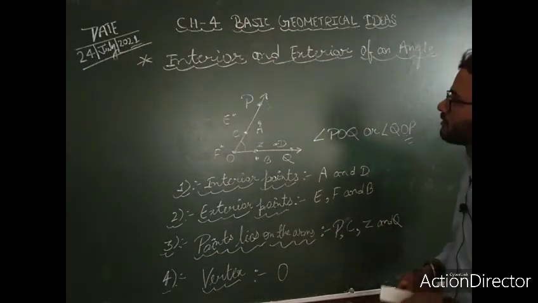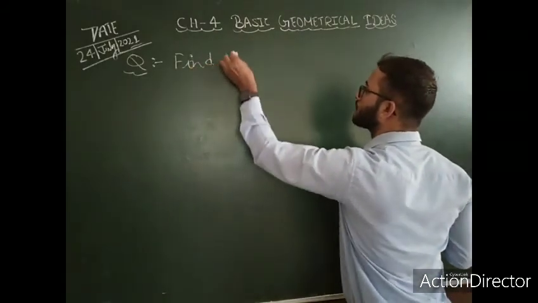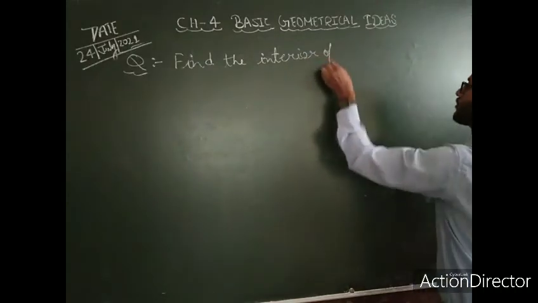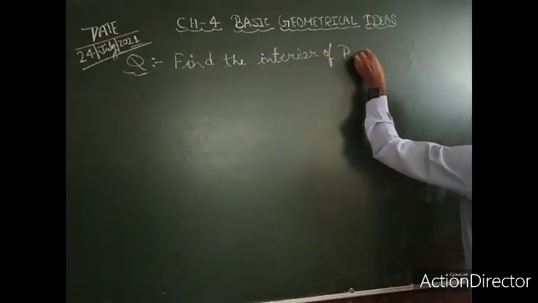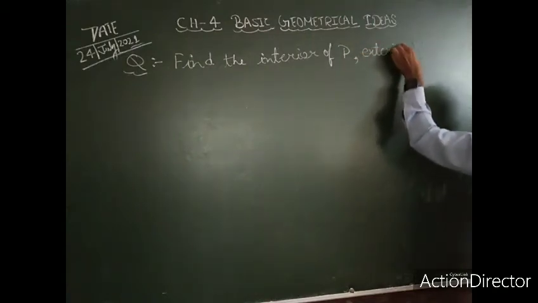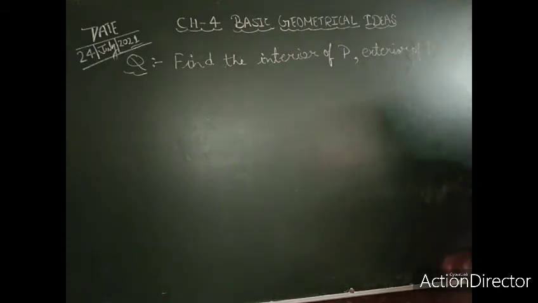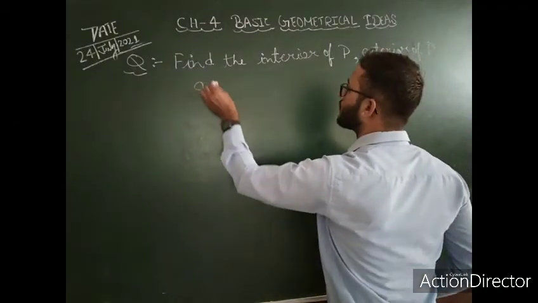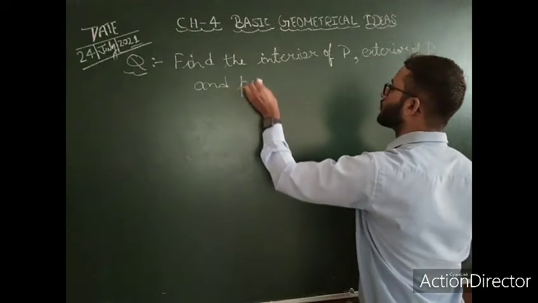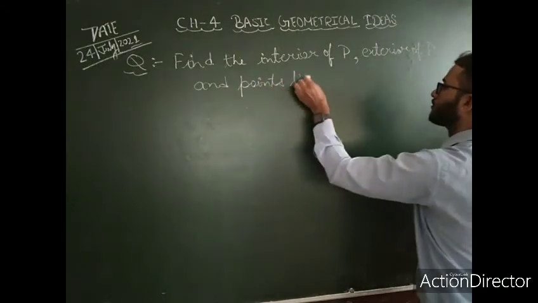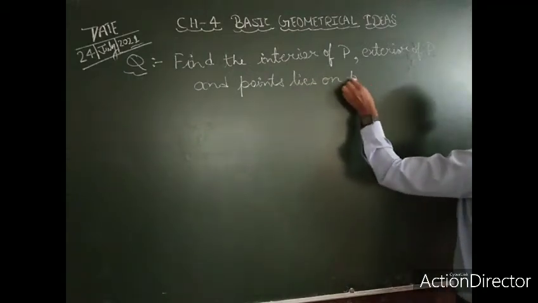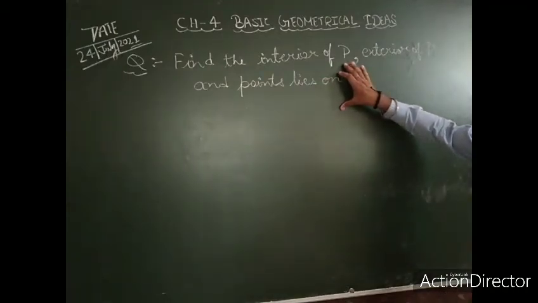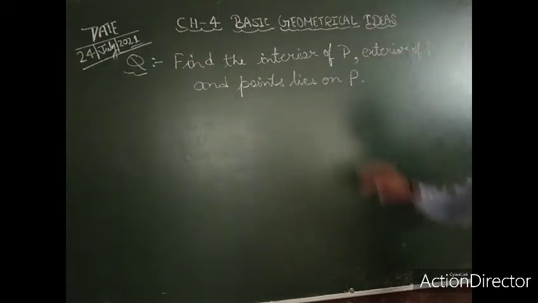So now here we take another example: find the interior points of P, exterior points of P, and points that lie on P. Okay, so here the question is to find the interior points of P, exterior points of P, and points that lie on P, right?